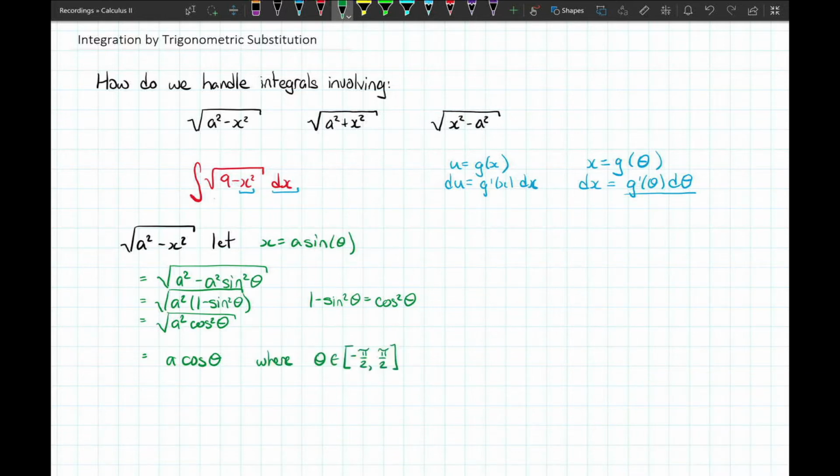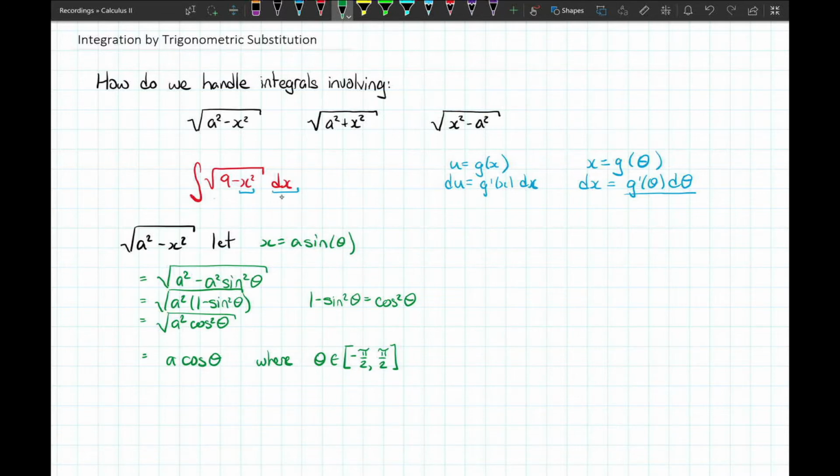Well, that achieves our main goal. Using this substitution will simplify the root, and we don't end up with any more radicals in our integrand. So this whole root 9 minus x squared, since 9 is simply 3 squared, by letting x equal 3 sine theta, this root is simply going to simplify to 3 cosine theta.